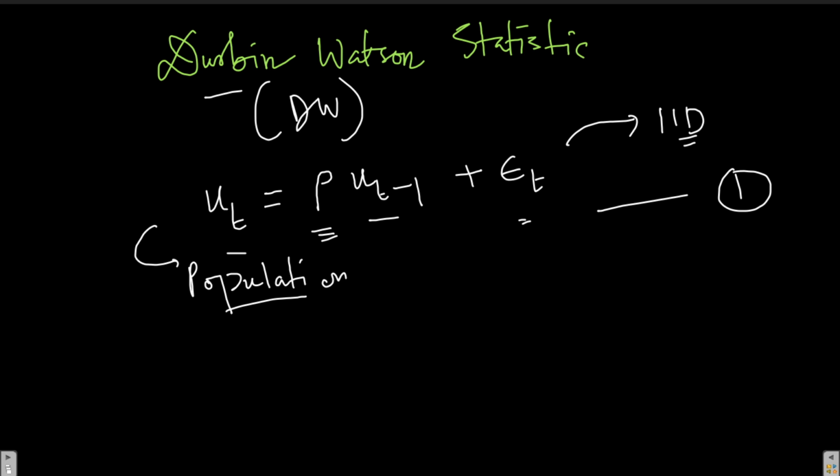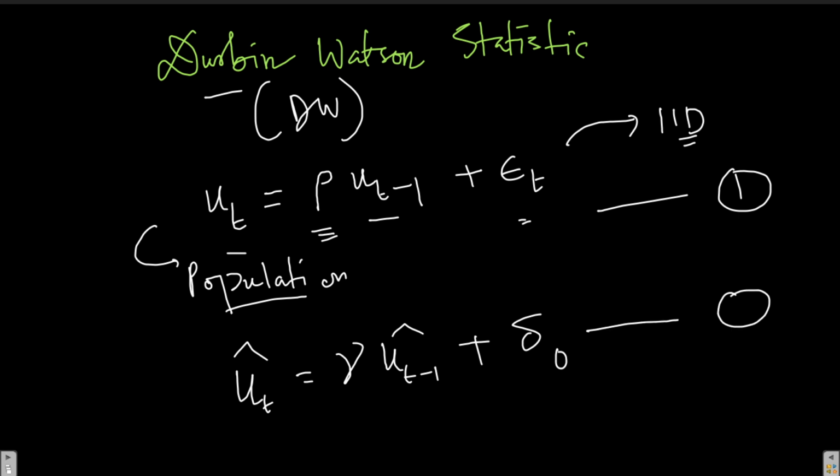So we can estimate ut as ut hat, and then we have, let's say, some gamma, and then ut minus 1 hat, which is the previous period error term's estimated value. Of course, when you are estimating this, there is no question of having an innovation term here. Instead, what you can have is an intercept term, which I write as delta 0. Let's name this equation 2.